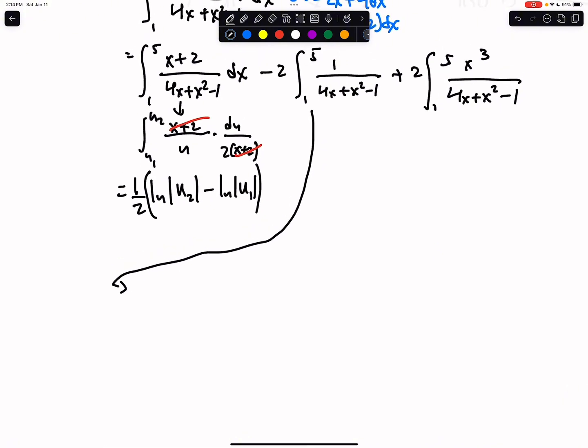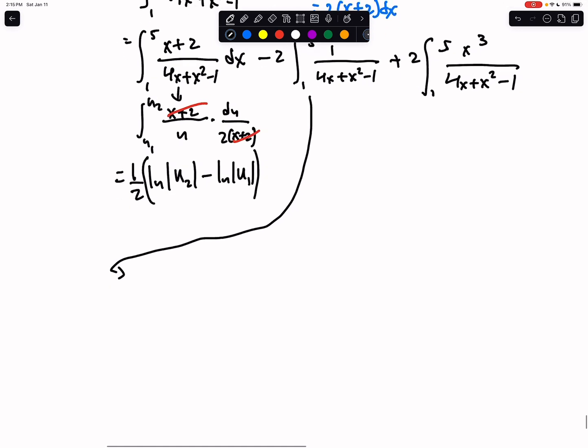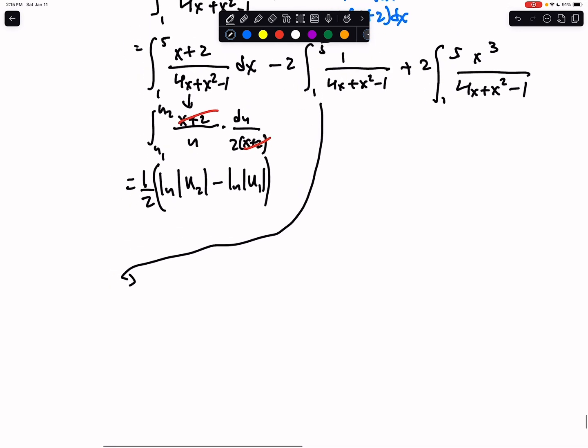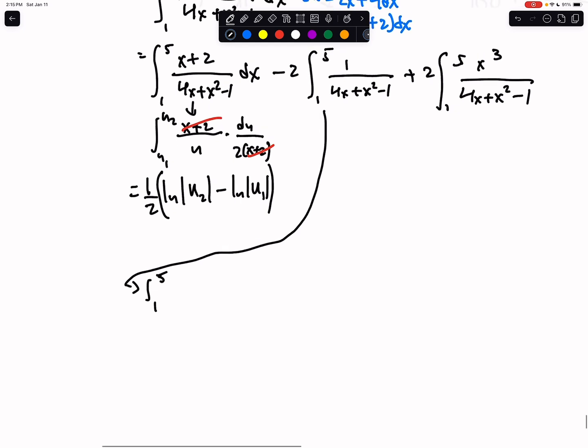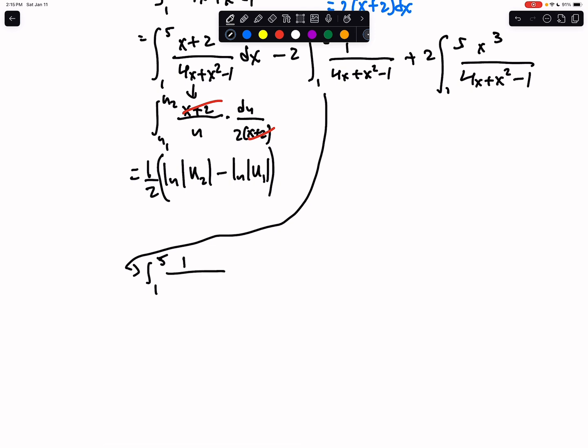From what this looks like, this isn't going to be an arctan situation, but I think it's going to be a partial fractions situation. So first I'm going to complete the square: 1 over x squared plus 4x plus 4 minus 4 minus 1.